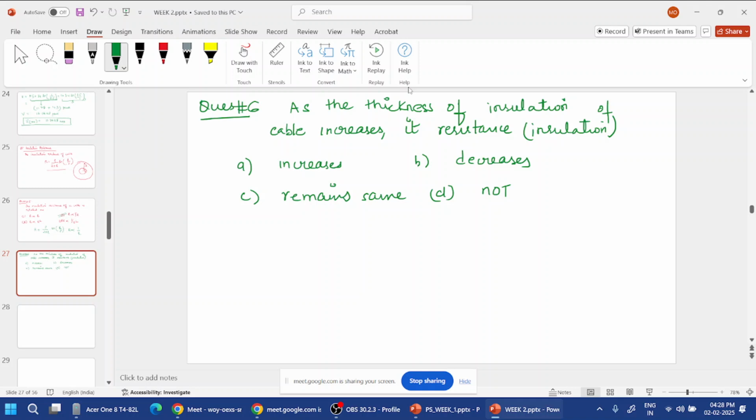So give me the answer. As the thickness of the insulation of a cable increases, its insulation resistance increases. Yes. So it is A.